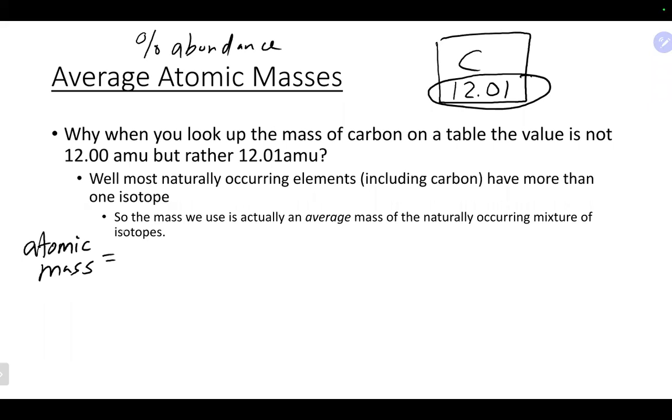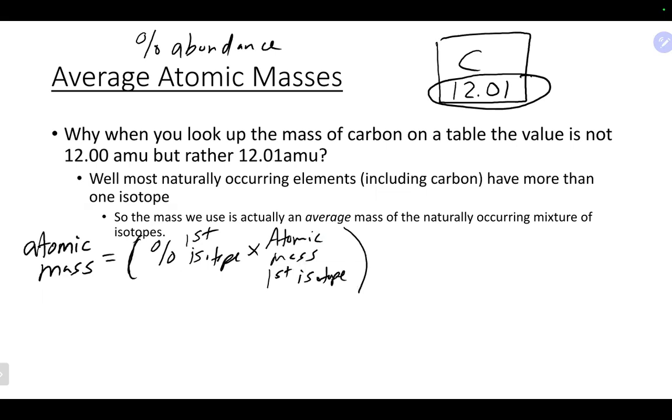So what we do is we take the percent abundance of the first isotope and multiply it by the atomic mass of the first isotope. Then, and this is what a lot of people mess up on, we add, not multiply, that to the percent abundance of the second isotope times the atomic mass of the second isotope.